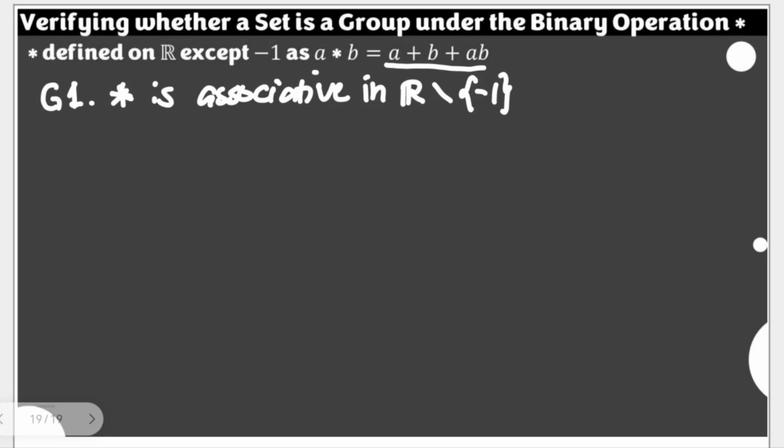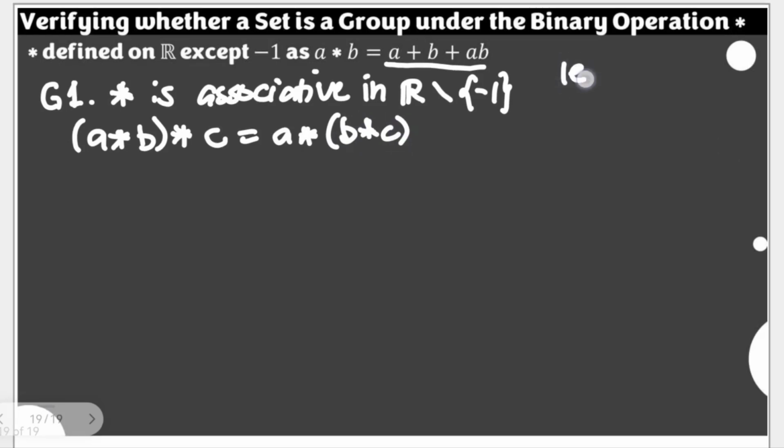But of course, the general rule for associativity is that if you pick 3 elements and group the first 2 before implementing the same operation to the third, this is equal to having A star B star C, by letting A, B, and C be elements of the real numbers except the set containing -1, for the purpose of exclusion of -1 as indicated. But of course, again, the general rule is we need to make sure that this is associative first.